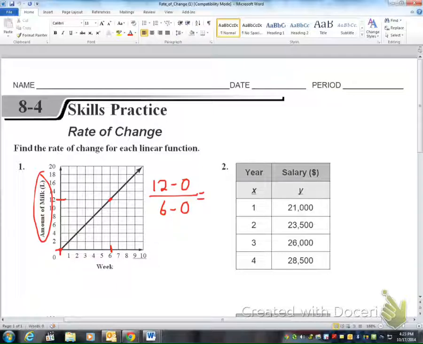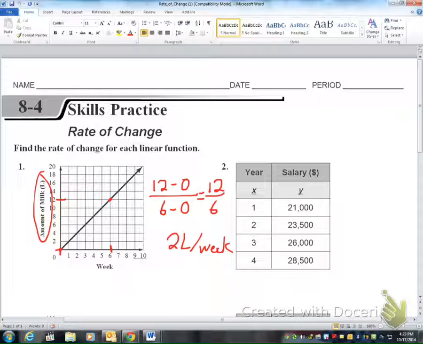So I get 6 minus 0. So 12 minus 0 is 12. 6 minus 0 is 6. 12 divided by 6 is 2. So we get this rate of change. The amount of milk is increasing by 2 liters per week. So that's how we do the rate of change problem.